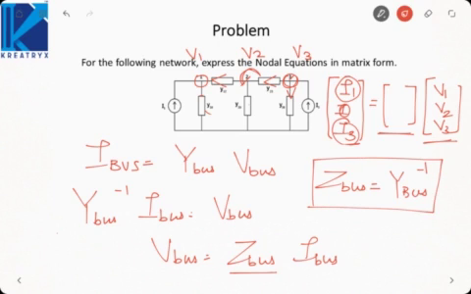These relations I am directly writing because by Ohm's law we can say V is equal to I into Z or I is equal to V into Y. So here Z bus and Y bus follow the inverse relationship. These two matrices are inverse of each other. And remember, both the matrices are symmetrical in nature. So you can remember this identity, that the inverse of a symmetric matrix will yield another symmetric matrix.